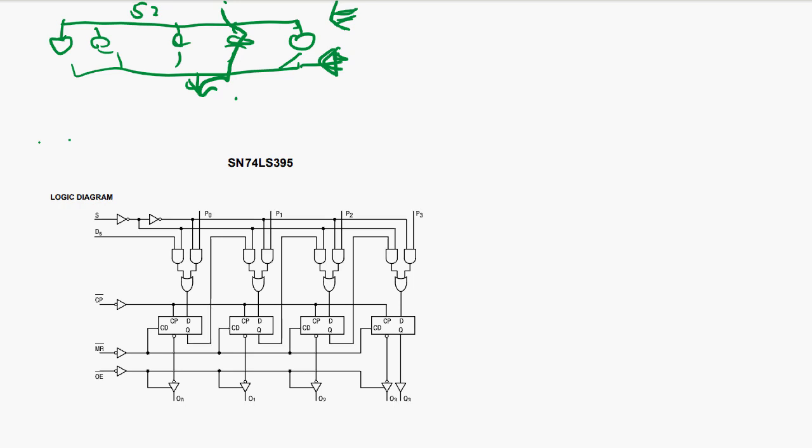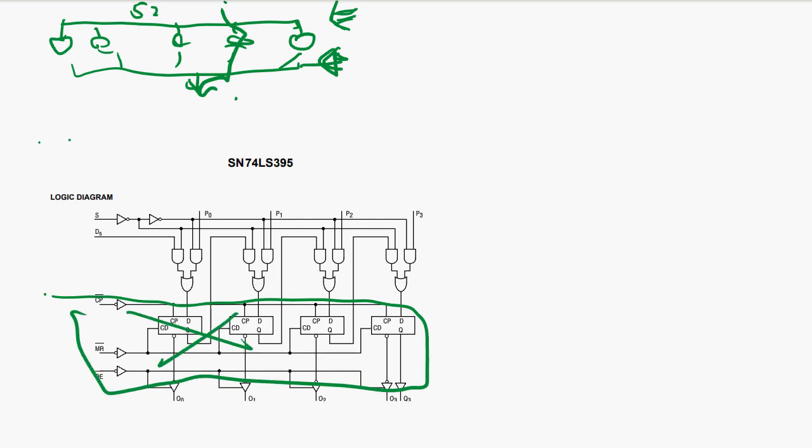This is the shifter logic. We take this part, and say we have a P0, P1, P2, P3, and this is going to be P1, which means it's shifted, right?